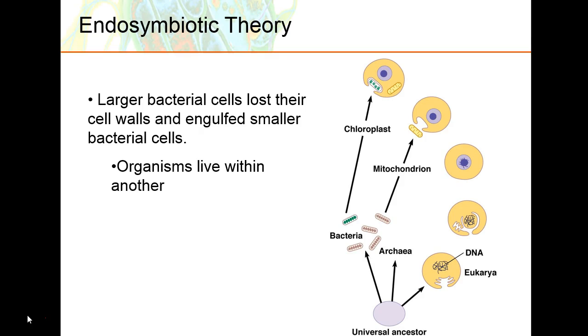That is, some of the larger bacteria engulfed some of the smaller bacteria that then lost their cell walls and remained within those other cells to function and actually live one within each other.